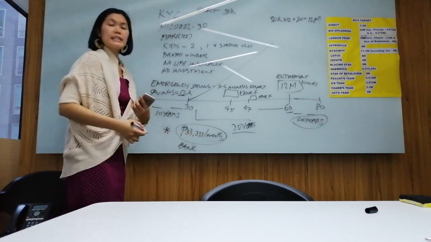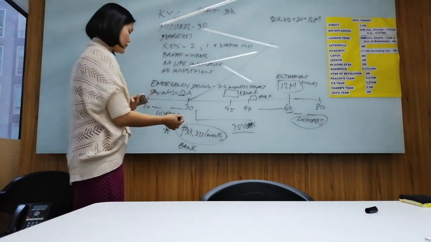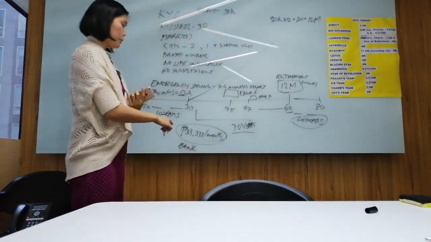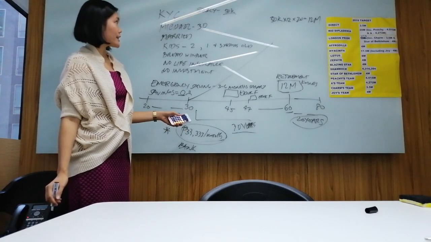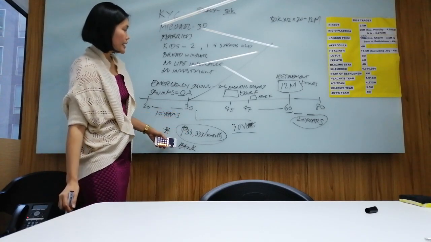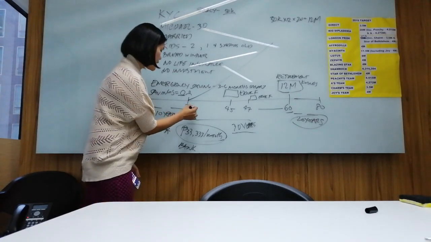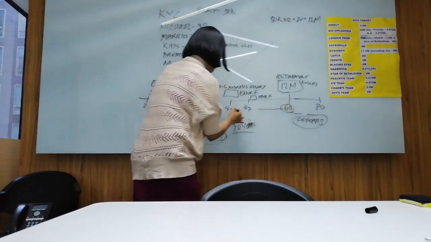So, bakit ko po ito pinakita sa inyo, Mr. Client? Because I want you to realize na for you to reach a 12M, kailangan mong mag-ipon ng 33,333 every month. Okay? Now, this stage, 30 until this age, this is your active stage.